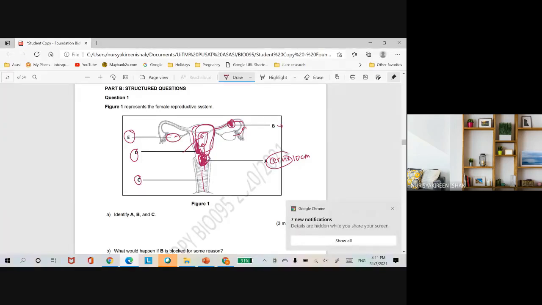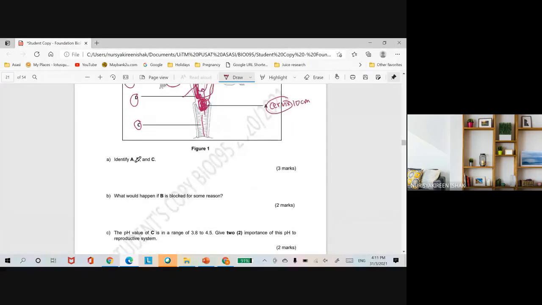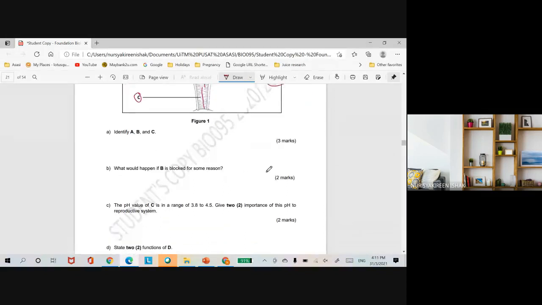Fertilization will not occur, another point. And then pregnancy cannot occur, so it prevents pregnancy from occurring. Okay, so that is the consequence of an oviduct that is blocked. Dia nak 2 markah je lah, dia nak 2 point je lah. So those can be the answer.